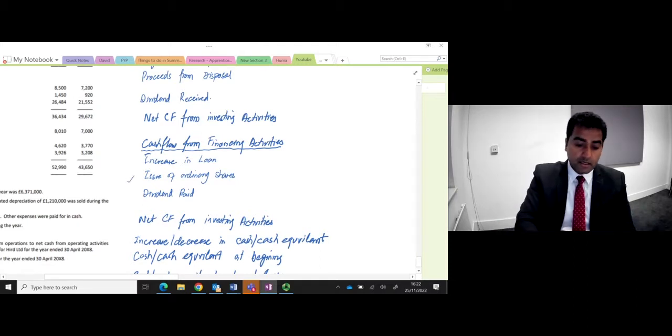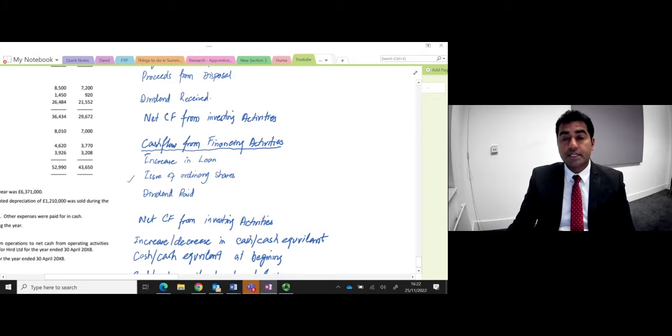Similarly, issue of ordinary shares. Companies issue ordinary shares in order to raise cash to finance their business. And the dividend paid. So companies pay dividend to the shareholders and other investors because we have taken their money to finance our business.